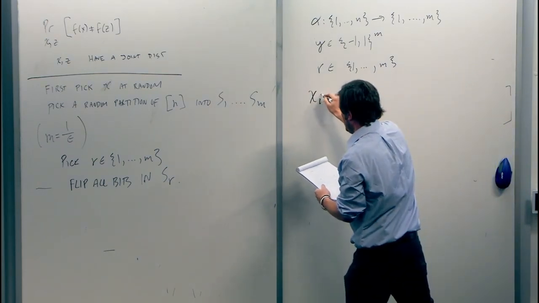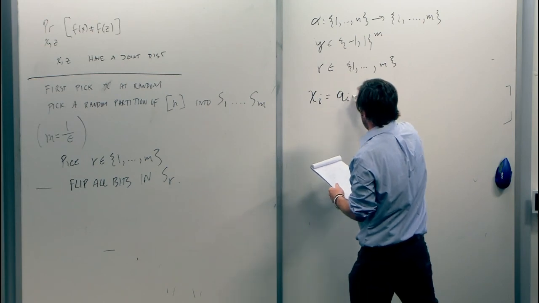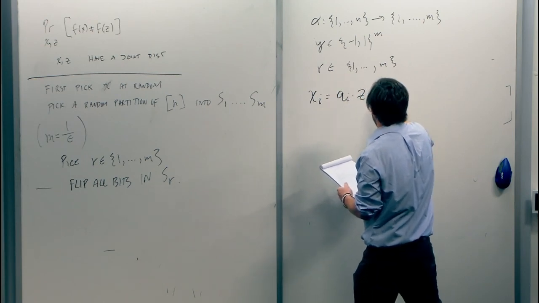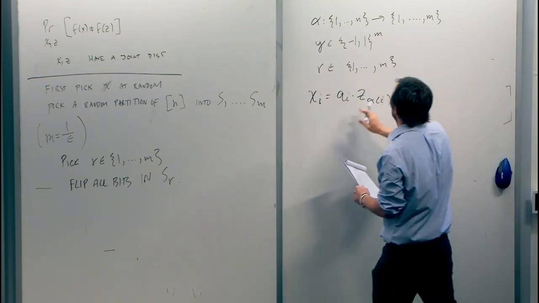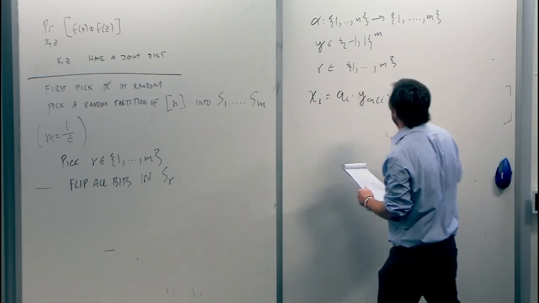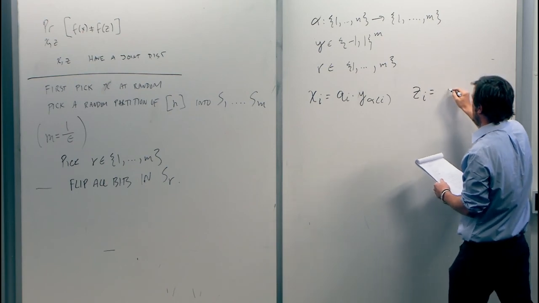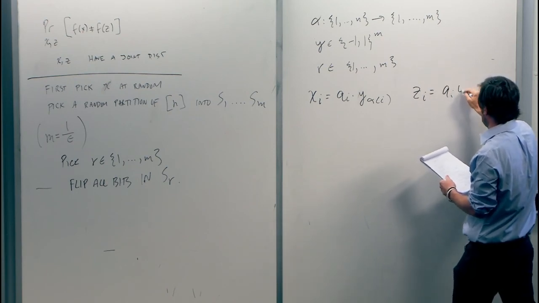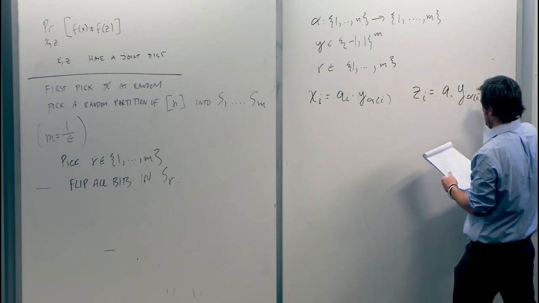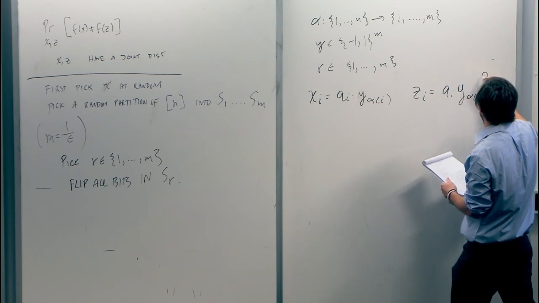Then I'm going to set xi to be ai times y sub alpha i. And I'm going to set zi to be ai times y sub alpha i with the rth bit flipped.